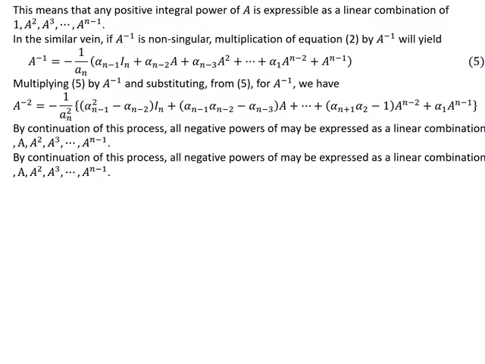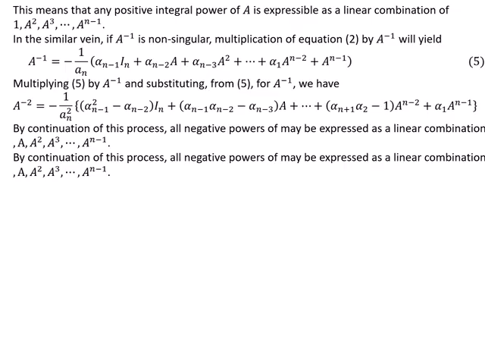Then multiply equation 5 by the inverse of A and substitute from 5 for A inverse, you will have A inverse squared, that is A raised to power minus 2.